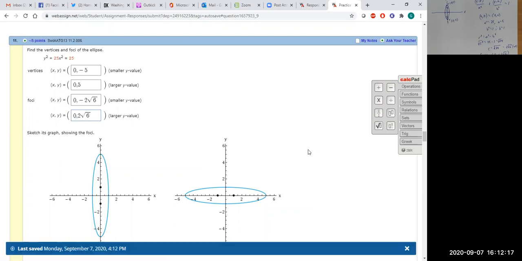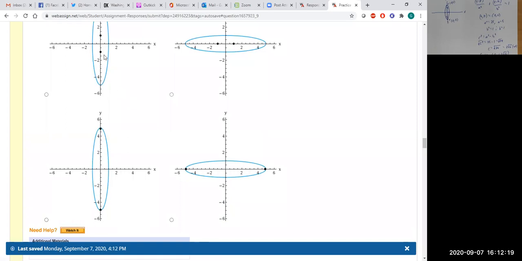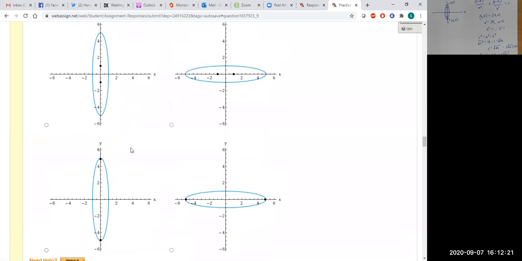Now, which graph is correct? Well, it's an up or down, so it's got to be one of these two. The only difference is where the foci are. Here, the foci is almost at 5. It looks like it's on top of the vertex. And here it's down here.